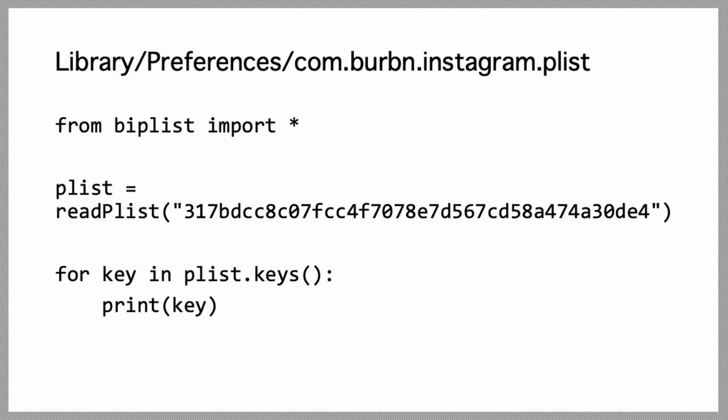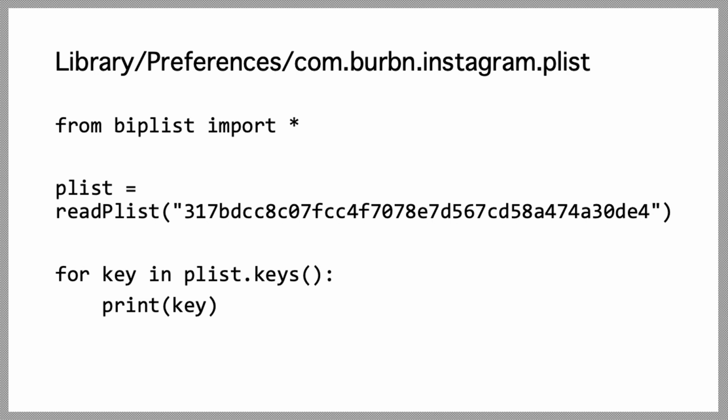So in here I am importing the Python library that we need for the processing. Then I am reading the plist from file. So this is the same file. This is just the hash straight out of the backup. To be honest, when I identify a file, I always copy it over to desktop or some temporary directory in which I'm working.